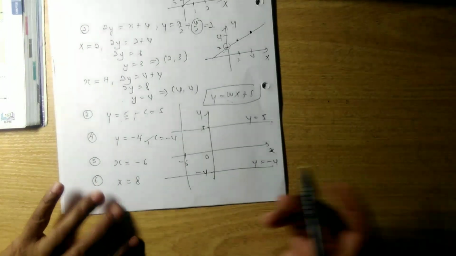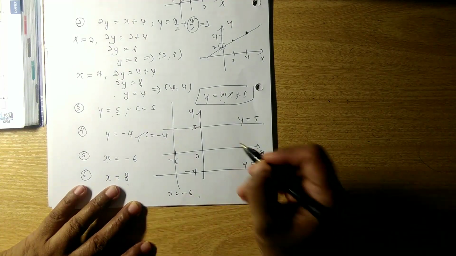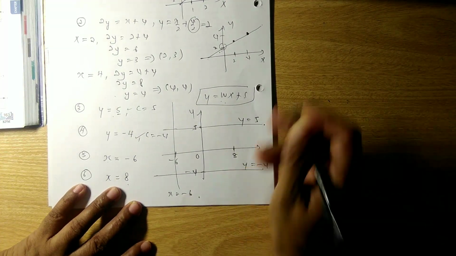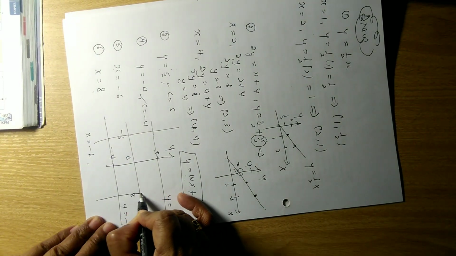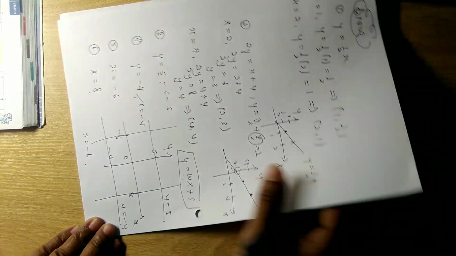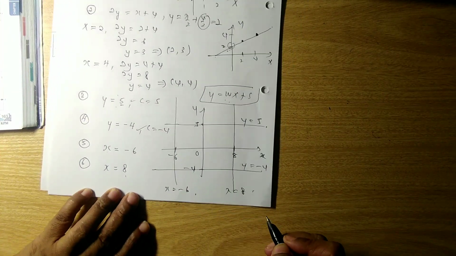So that's your equation, x equals negative 6. And x equals 8, no problem, just look for your 8 value. So this is x equals 8.